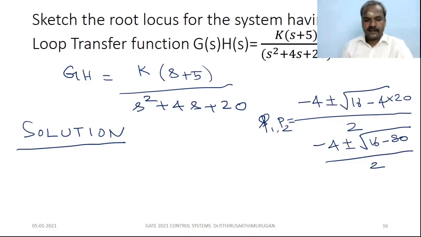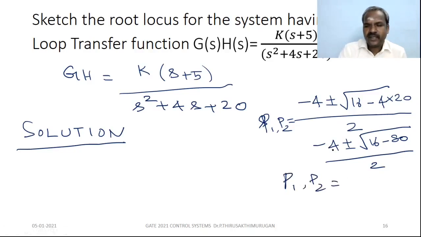Minus 64, right? Square root of 64 is 8, so j8.